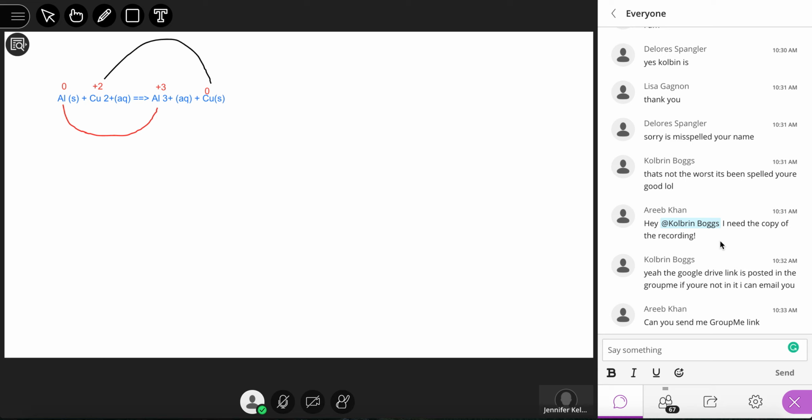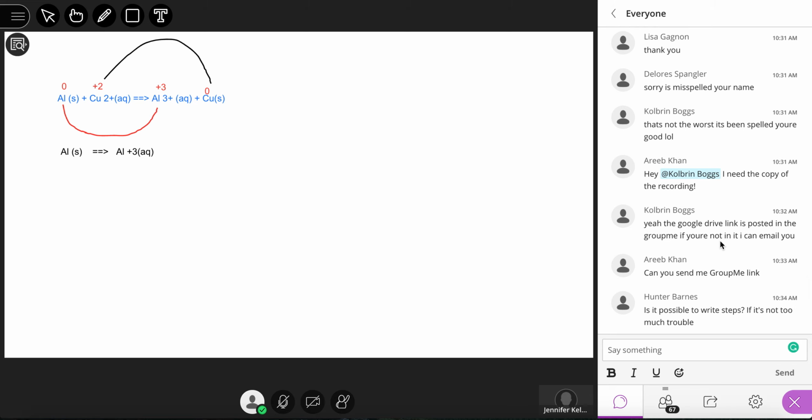So then you want to separate them out. So aluminum, solid, going to aluminum plus 3. All right, and then we're going to do the same thing with the copper one.